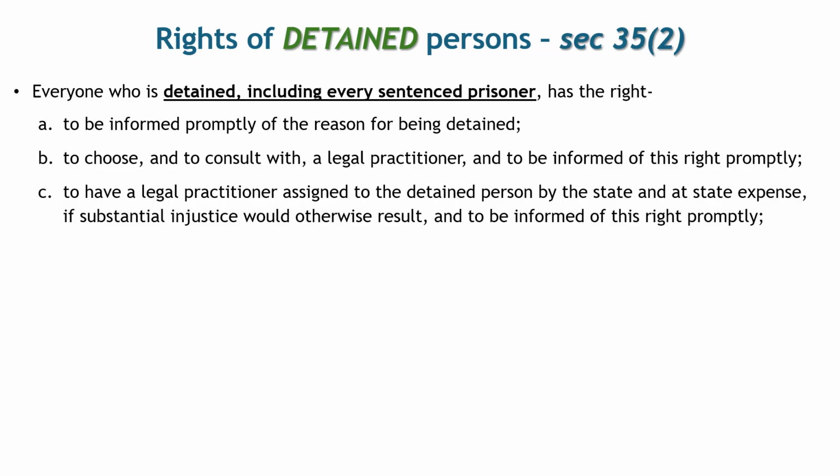Right. So here, the Legal Aid Board in South Africa and the Legal Aid Act play a very important role to assist impoverished persons who cannot afford their own legal practitioners to have a fair trial by appointing a state practitioner at state expense.